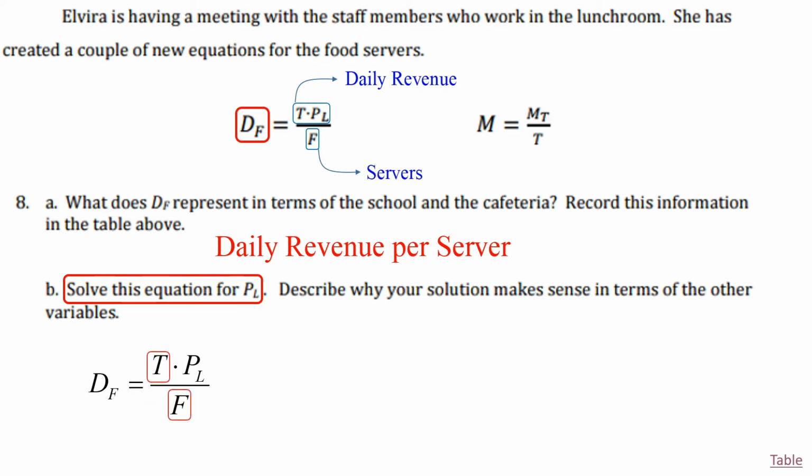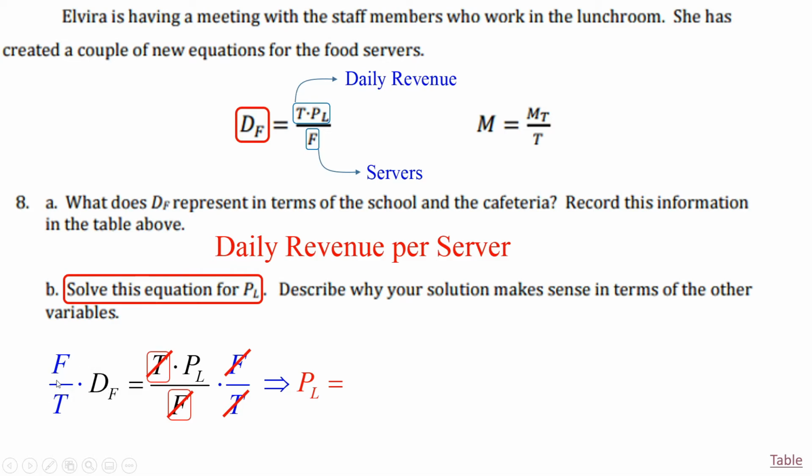There's my fraction, and there's the reciprocal, F over T. Now we do that so we can cancel things. Do you agree that the F's now would cancel, and the T's now would cancel, leaving me my P sub L, which is what we were trying to solve for?